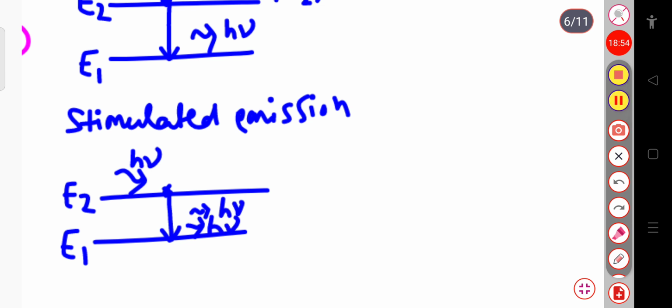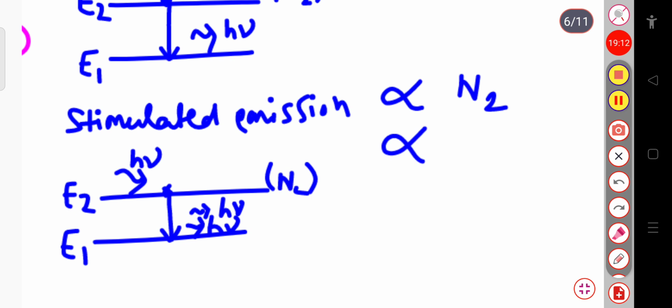Here the stimulated emission is directly proportional to the number of particles present in the E2 state, that is the excited state, suppose N2. So it depends on the number of atoms present in the excited state, and it is also directly proportional to the energy density of the photon, that is U of nu, since we are giving the additional energy h nu.